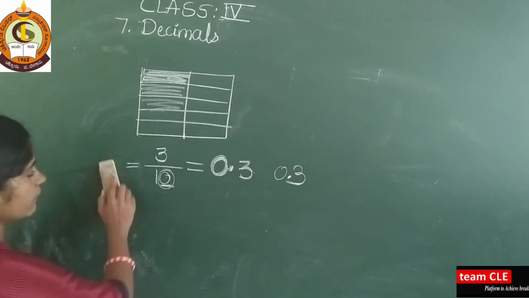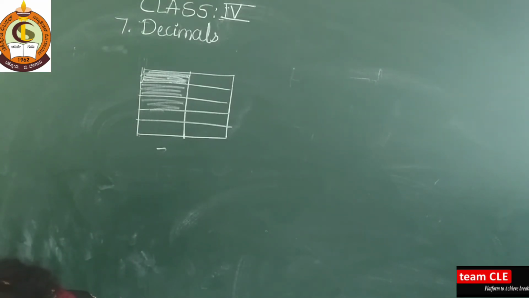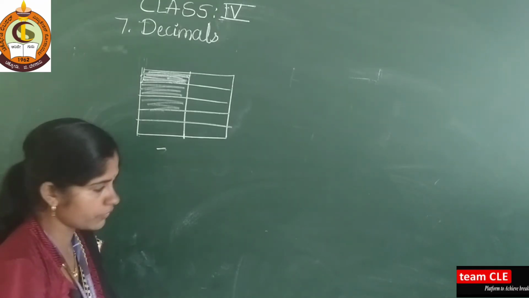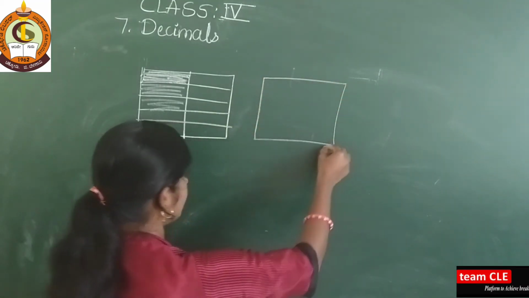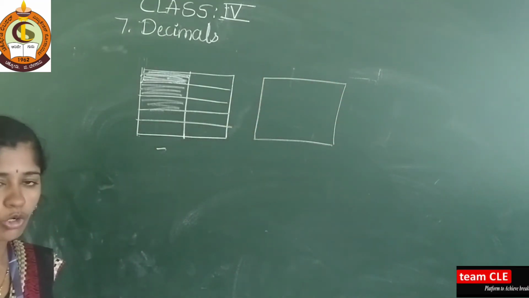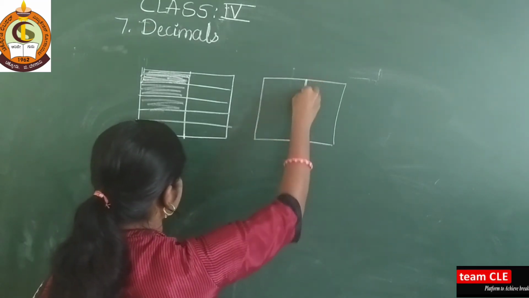See here, they have given it like this, with the total number of parts, and 0.25 is there. I will take one more example. There, 100 columns are there, but I will take 10 here.